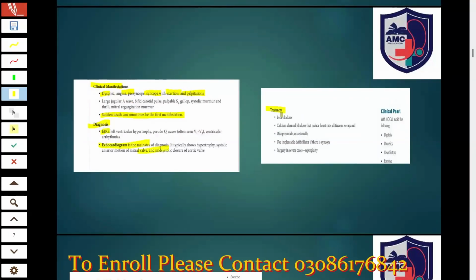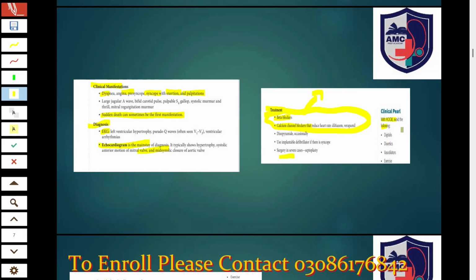So treatment is beta blocker or calcium channel blocker. Just need to know that. One more important thing in hypertrophic obstructive cardiomyopathy: we need to advise the patient not to be dehydrated, stay always hydrated, because here there is an output problem.